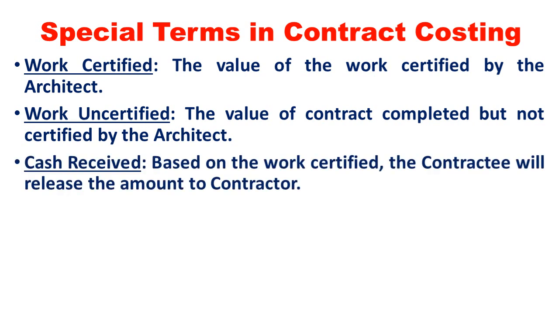Cash received. Contractee will make the payment of cash to the contractor on the completion of the job or work. This will be released based on the performance of the contract, right? So based on the work certified, the contractee will release the amount to the contractor.